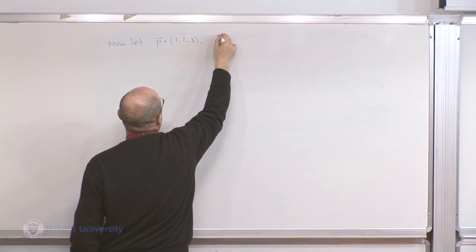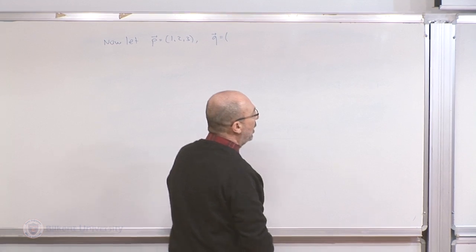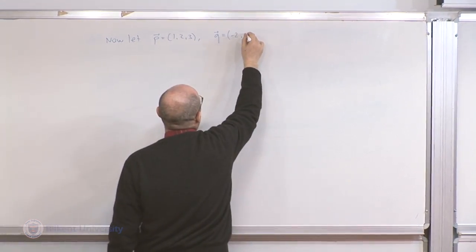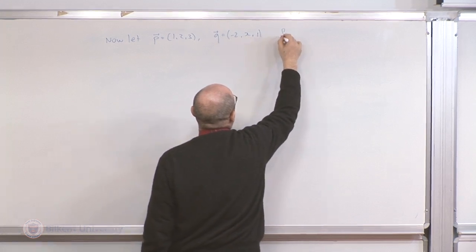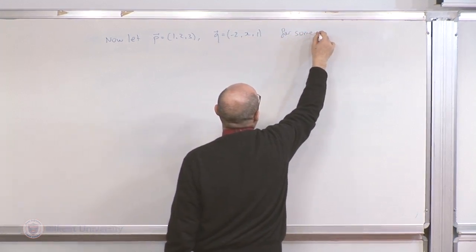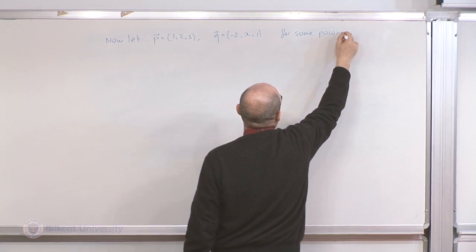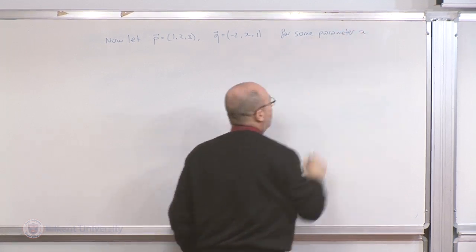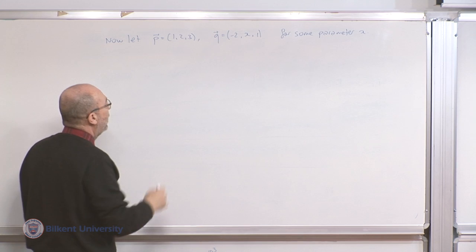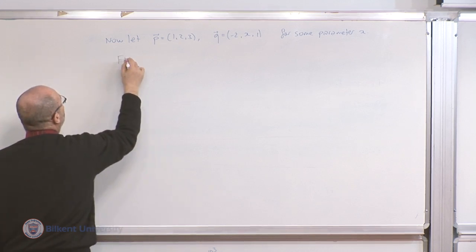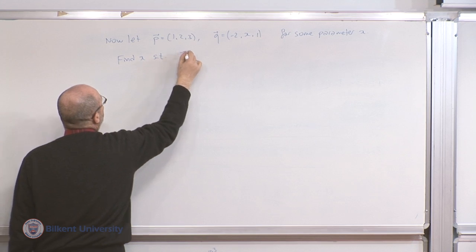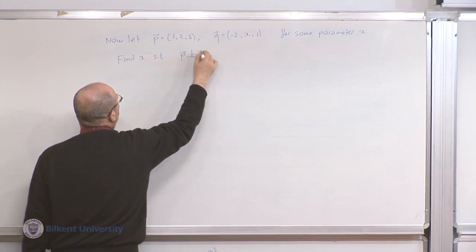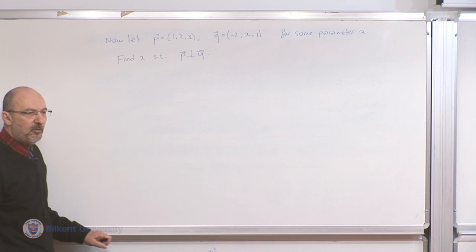Q this time is going to be minus 2, x, 1 for some parameter x. Find x such that P is perpendicular to Q. That's the problem that we invent.